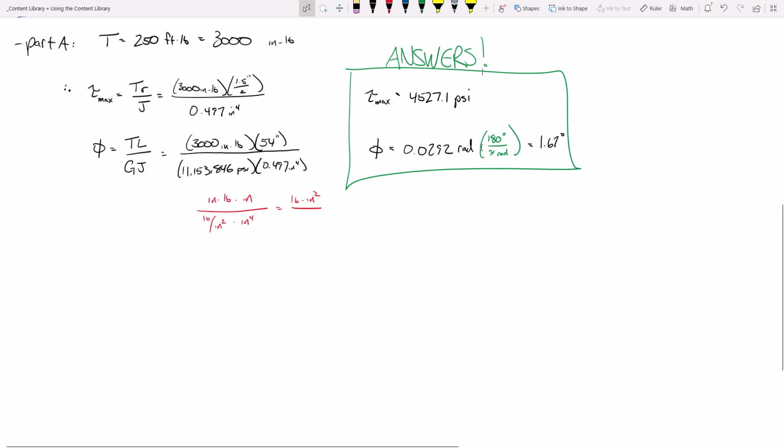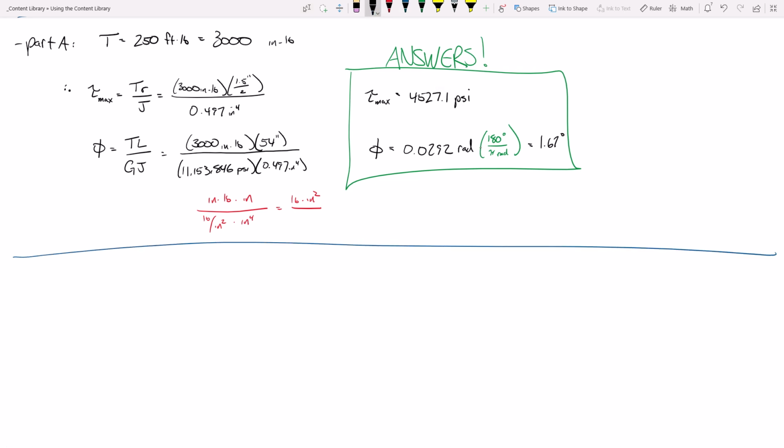Let's take the first one. So let's start off with this. So if I told you the allowable stress was 6,000 psi, how would you determine the maximum applicable torque?